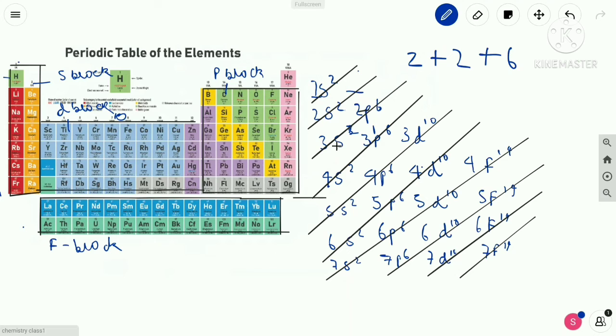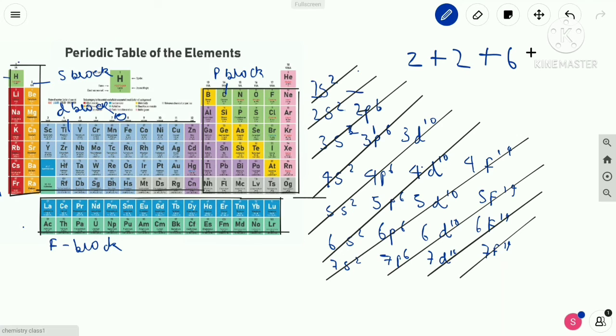Then 3s2. Remember, the top number denotes the number of electrons in each of these orbitals, and the bigger numbers which I wrote are just the energy shell, I mean the energy levels.